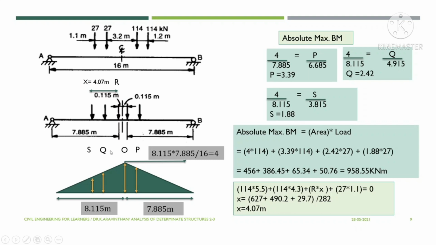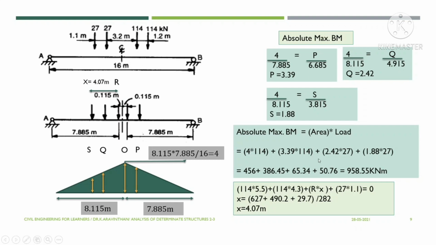Now to find the absolute maximum bending moment, I will be multiplying load into ordinate. So 114 into 4, this is the first ordinate, and next is 3.39, that is the P ordinate, 3.39 into 114, and 27 into Q, which is 2.42, 27 into 2.42, and the last thing is S, that is 1.88 into 27.